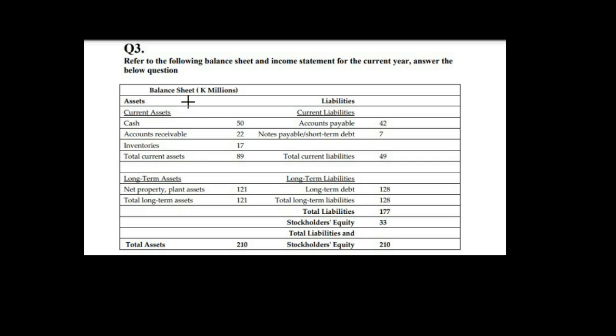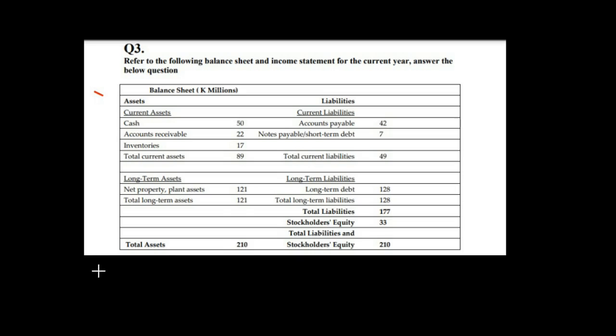What we are seeing here is a balance sheet, and from this balance sheet, for example, we want to find the current ratio. As you can see, the balance sheet here is perfectly balanced. Total assets are 210, and total liabilities and equity are 210. Let us find the current ratio.